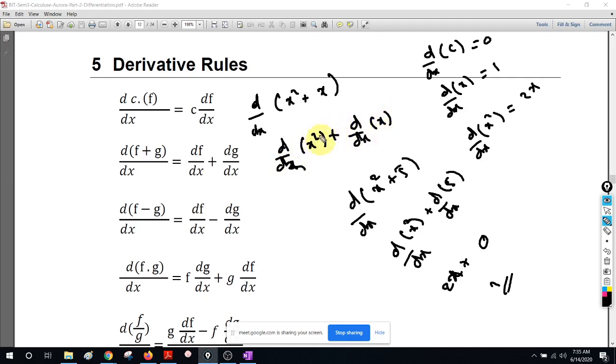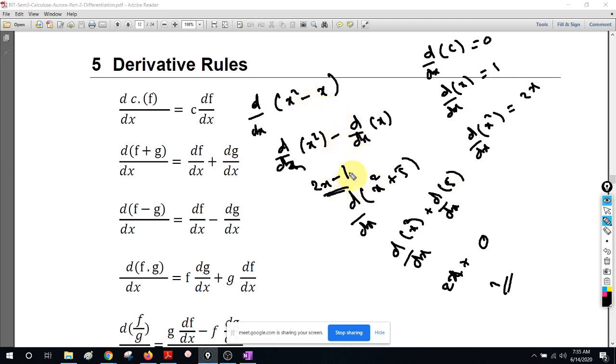Of course d by dx of x squared is 2x, plus d by dx of x is 1, so the answer is 2x plus 1. So we can use these things. Similarly we have subtraction also. If it is something like x squared minus x, here I just have to subtract, because for subtraction also it works.